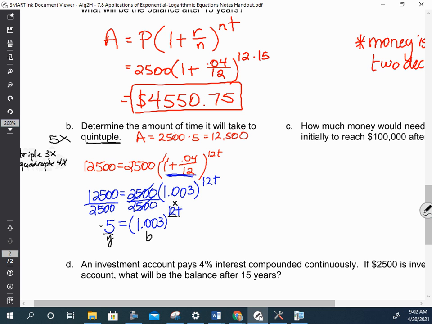So remember the standard log write up, b to the x equals y goes back to log base b of y equals x. So this is now a standard rewrite. This is log base 1.003 of 5 equals 12t.